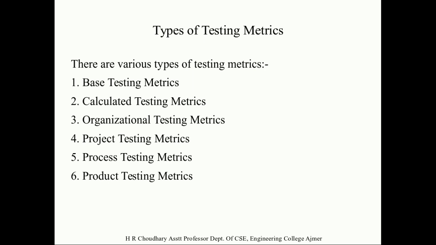Then in the last we look at the product testing metrics. The product metrics relate to specific products such as a compiler for a programming language, and are useful in making decisions related to the product. Product metrics illustrate the uniqueness of the products such as size, complexity, design, features, performance, and quality level.